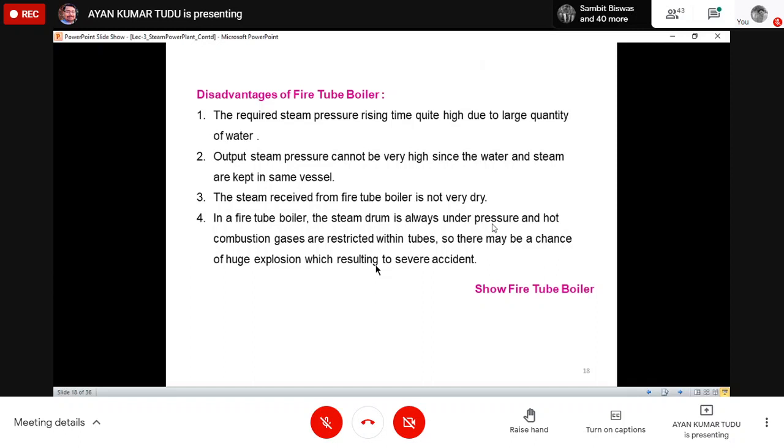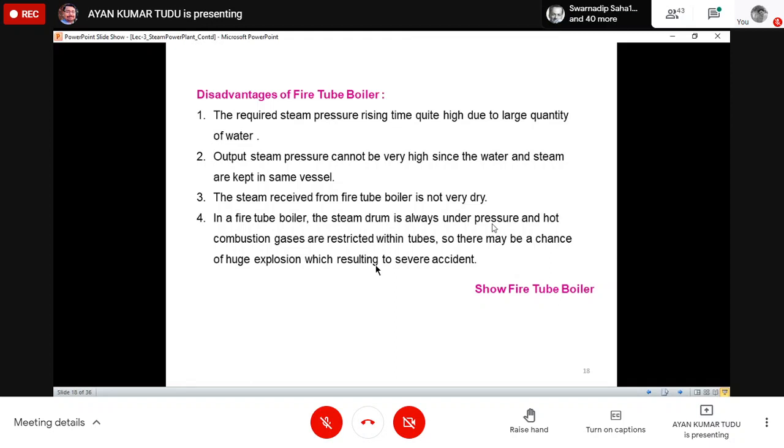For the last point, you can understand that the whole arrangement is under very high pressure, and the hot combustion gases are within the tubes, surrounded by water.